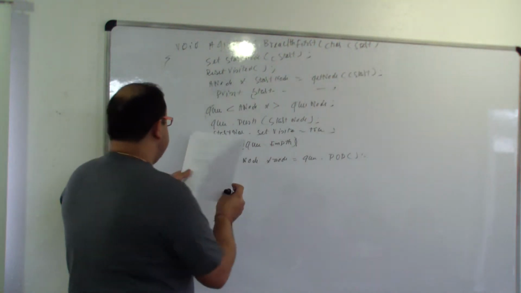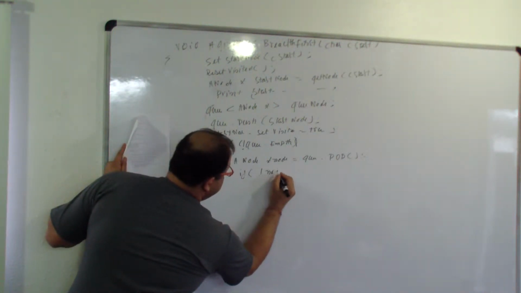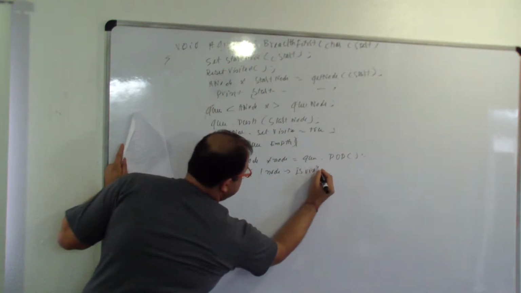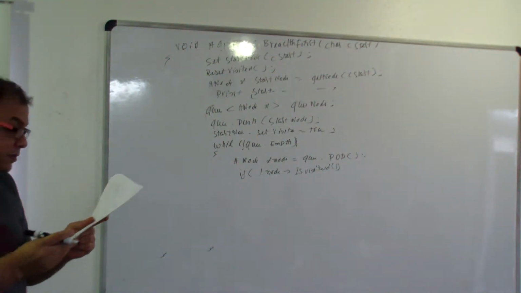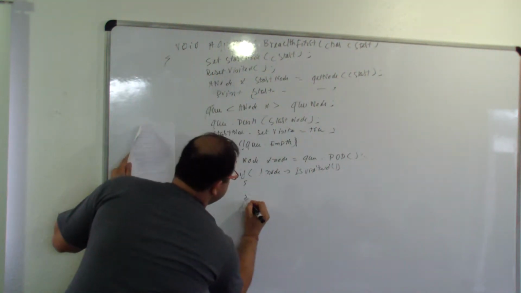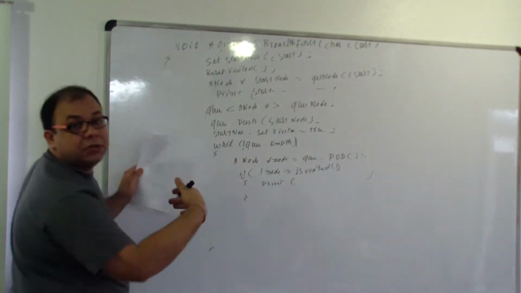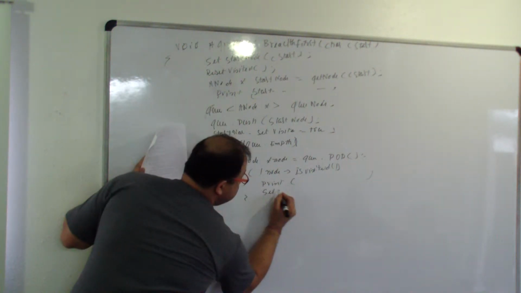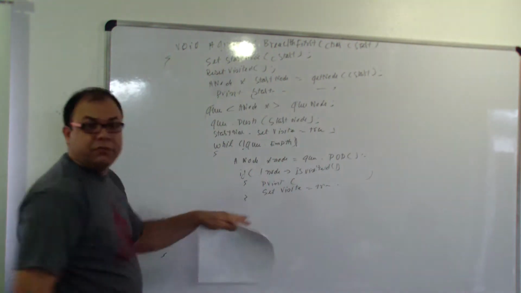So we get the front, and then we'll check if not node is visited. If the node is actually not visited, then we will print visiting this node, whatever the node's ID is, and then we set visited is equal to true for that particular node.